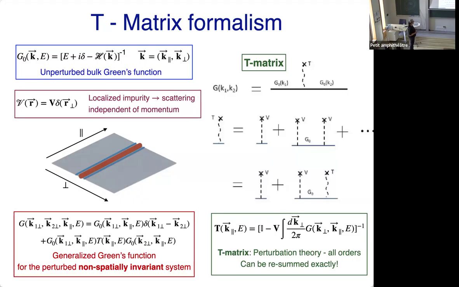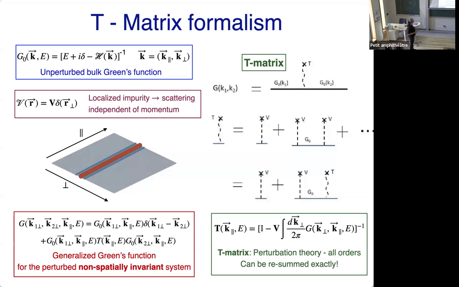And how is this quantity being calculated? We start perturbatively. We start first by putting the first order perturbation theory in the momentum scattering, and then the second, and so on. And then we see that the sum of diagrams can be performed exactly if the V is independent of momentum.